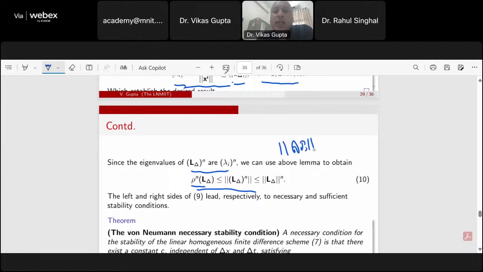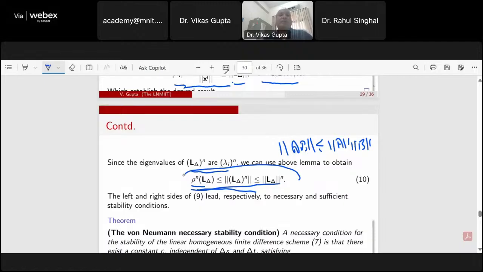So the norm of the nth power of L delta will be less than or equal to the nth power of the norm of L delta. Thus, the nth power of the spectral radius of L delta is the lower bound of the nth power of any matrix norm of L delta.